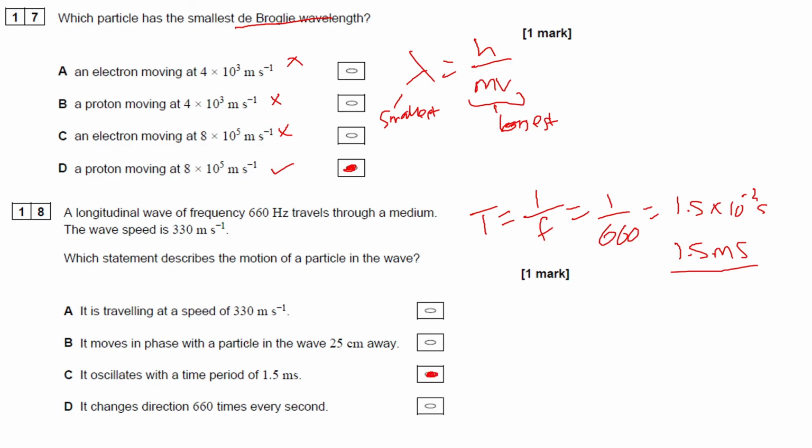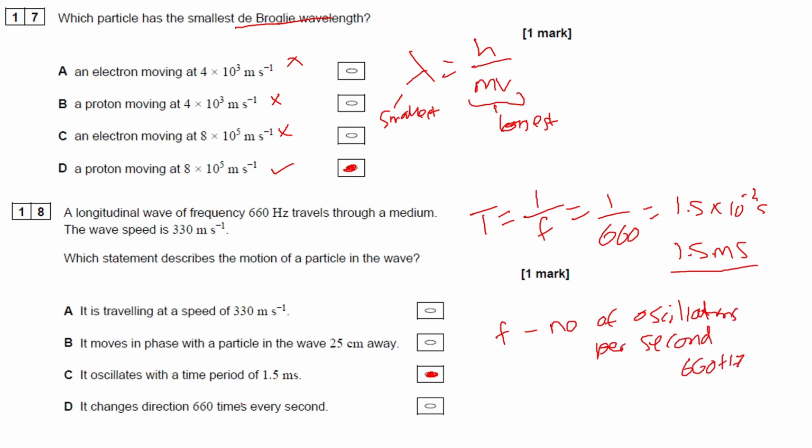Okay, and just to talk about why the others might not be correct. For example in A, the speed of the wave is 330 meters per second, so we're talking about the energy transfer at that speed, not the oscillations themselves. For D, it says it changes direction 660 times a second. So it sounds like it was trying to describe frequency here. Frequency is the number of oscillations per second, and in that case, it is 660 Hertz.